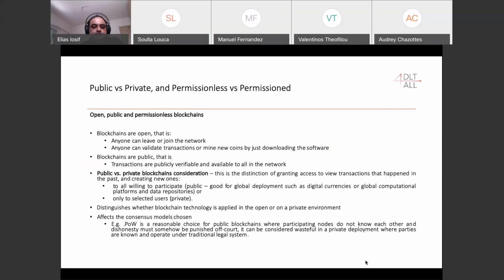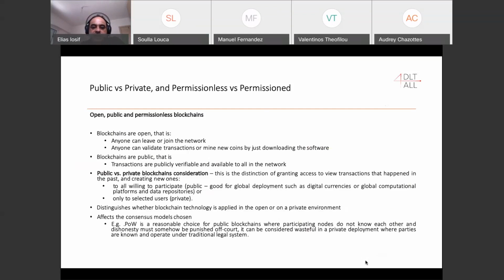So, more details about the different types of blockchains as mentioned before. Regarding open blockchains, anyone can join or leave the network.